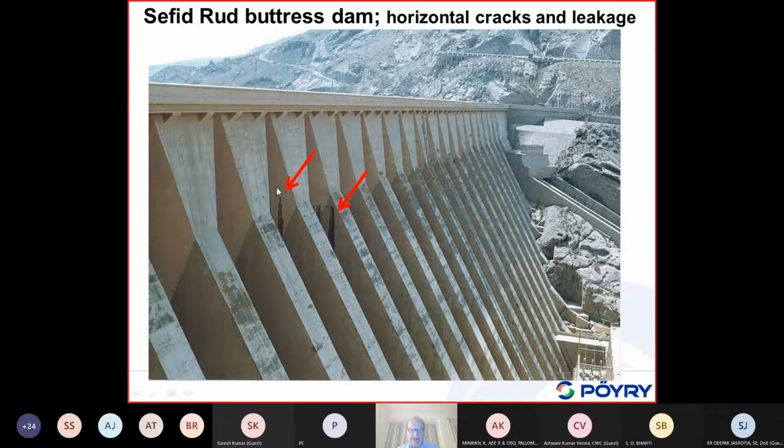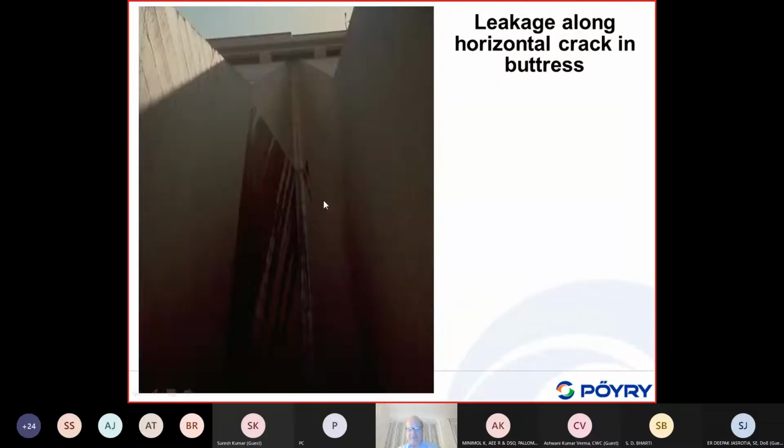These horizontal lines at different elevations show that this has been a lift elevation. The lift elevations used during construction of this dam were typically 2 meter increments.